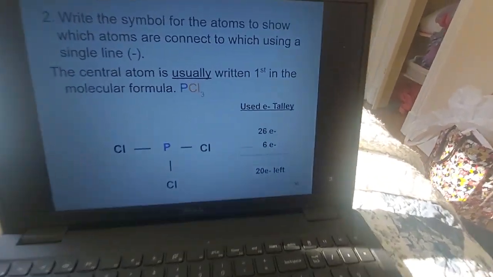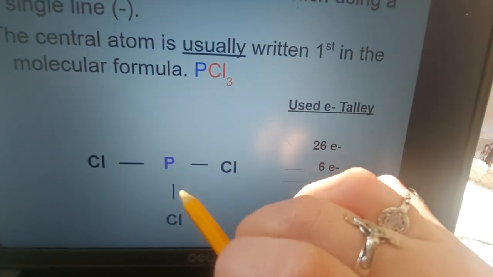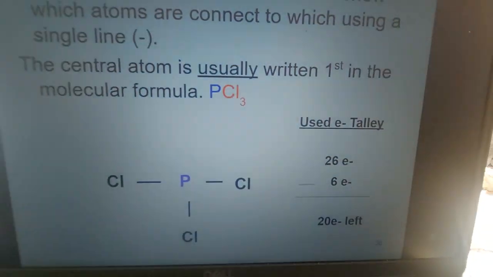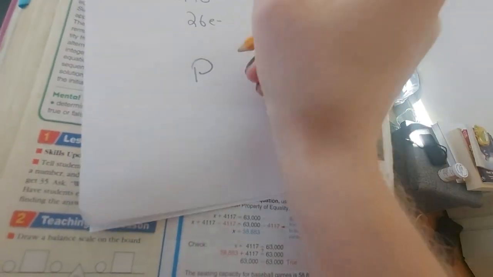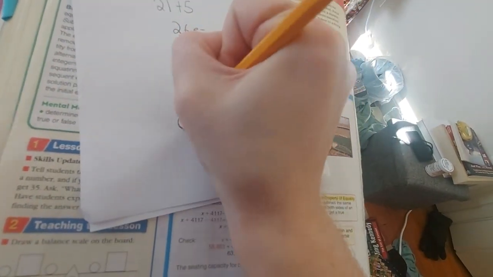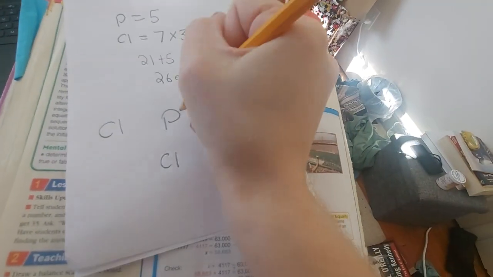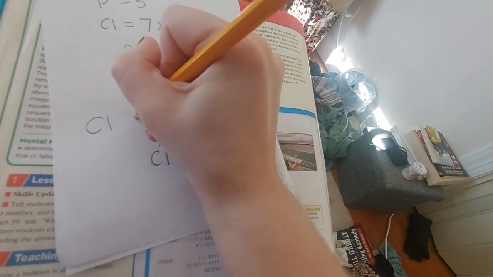So I know I'm supposed to write the P in the middle when I'm drawing this, because it comes first. On my paper, I'm going to write P in the middle, and I have 3 chlorines around it because it says Cl3. I'm going to connect these to my phosphorus using a line.